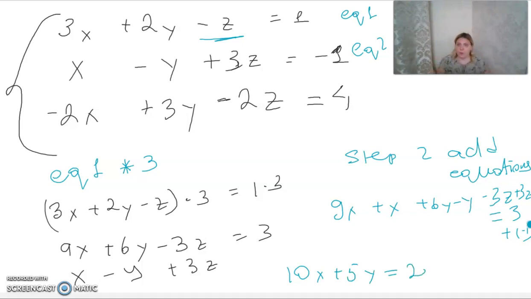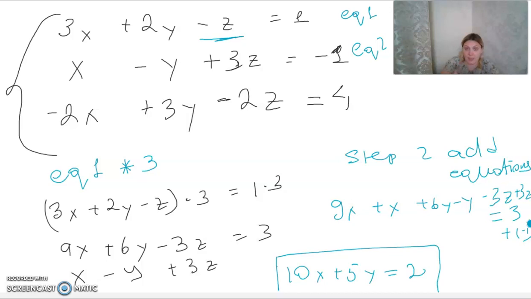Well, this is wonderful, right? We eliminated z, but if we want to solve this, we need another equation. We need another equation, which means we're going to do exactly the same thing, but choose different 2 equations to eliminate z one more time.